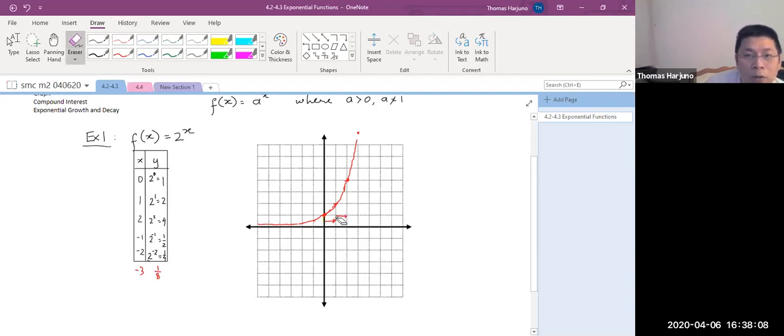Then the same idea, when I move to the left, I will divide by 2. You see what I mean?